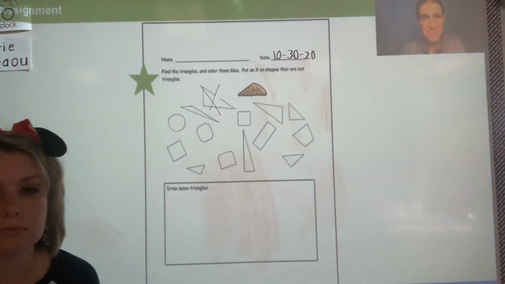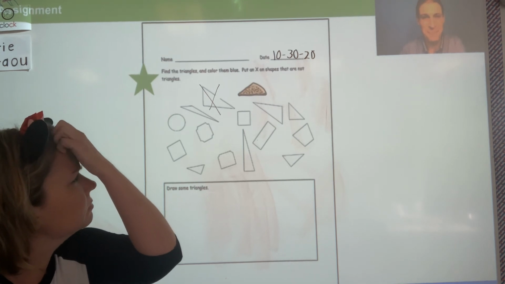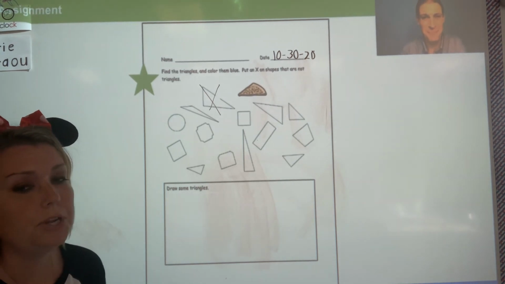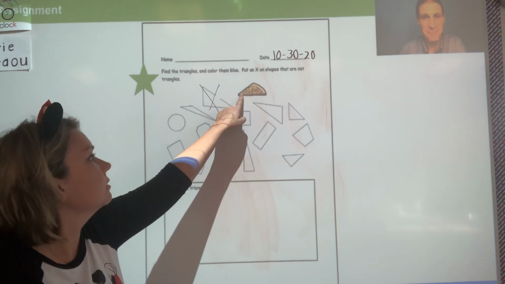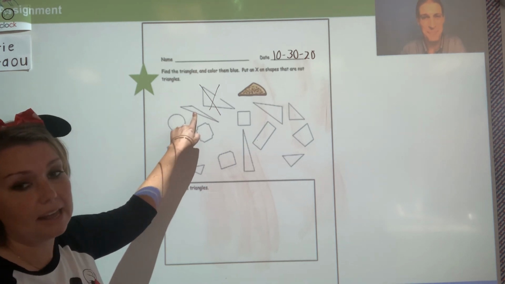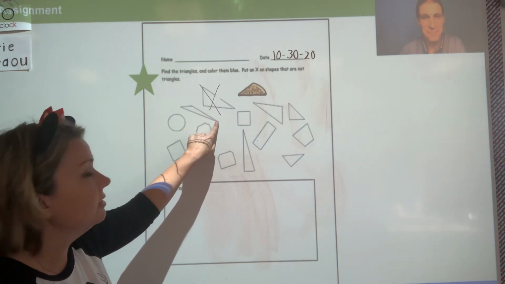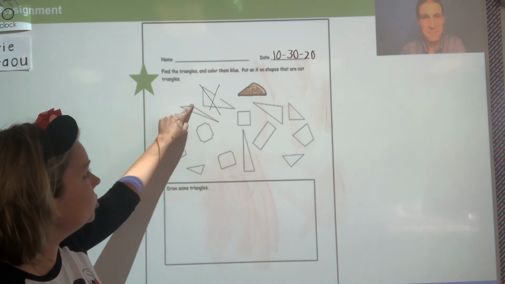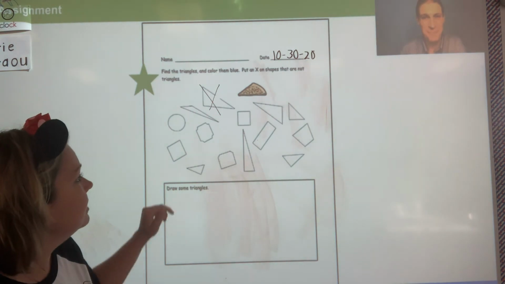So the one next to the first one we did, is it a triangle? It looks not like a triangle. Which one are you asking about? This one? No, the one next. This one? Yeah. Okay, so let's look at it, Anya. I see a straight side. So that's 1, 2, 3 straight sides.